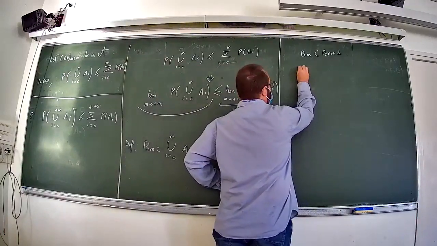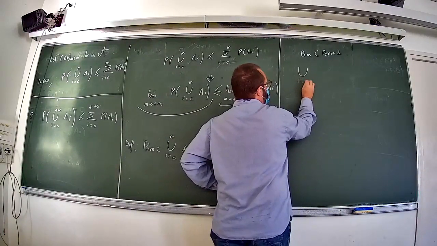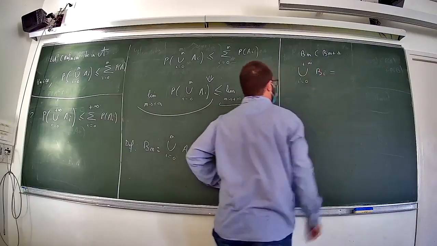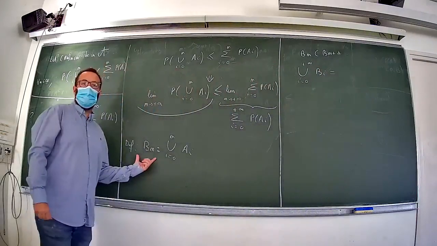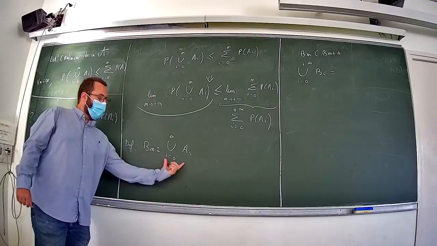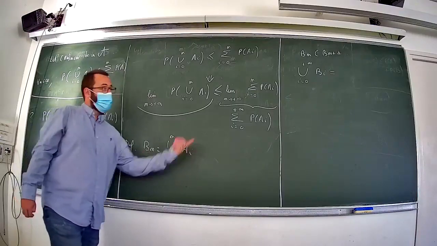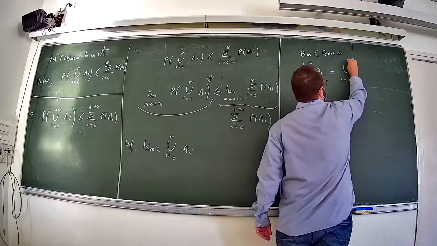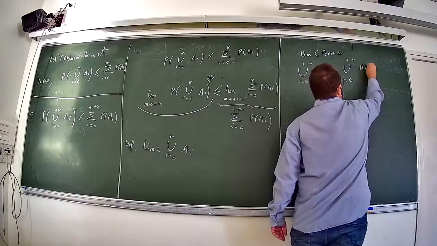And what is the union of all the Bi here? Well, if I do the union of all of them, since they are built from unions of the Ai, in fact, simply, the union of the Bi is just the union of the Ai.